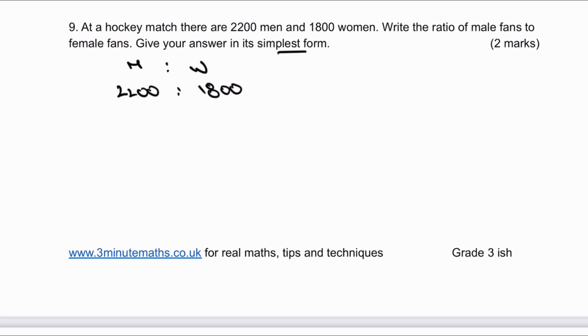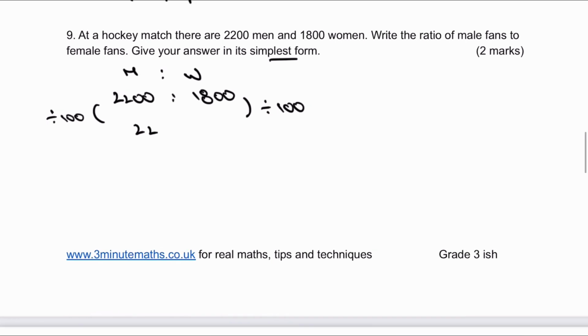So what we would do with that, firstly, is if we divide through by 1,000, okay, sorry, 100, I beg your pardon, divide through by 100. I just need to get rid of that 0 there. If we divide through by 100, what I'm going to get is going to be 22 to 18.